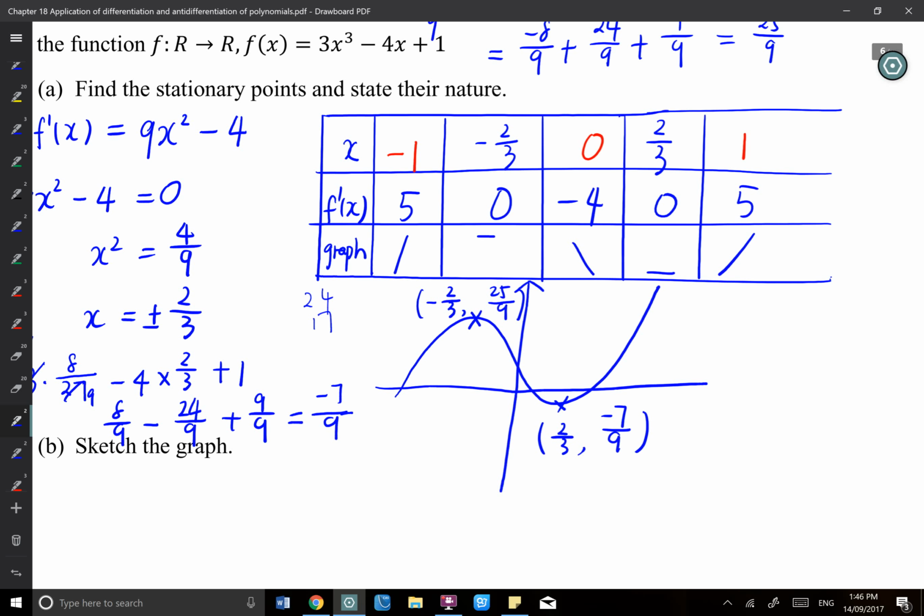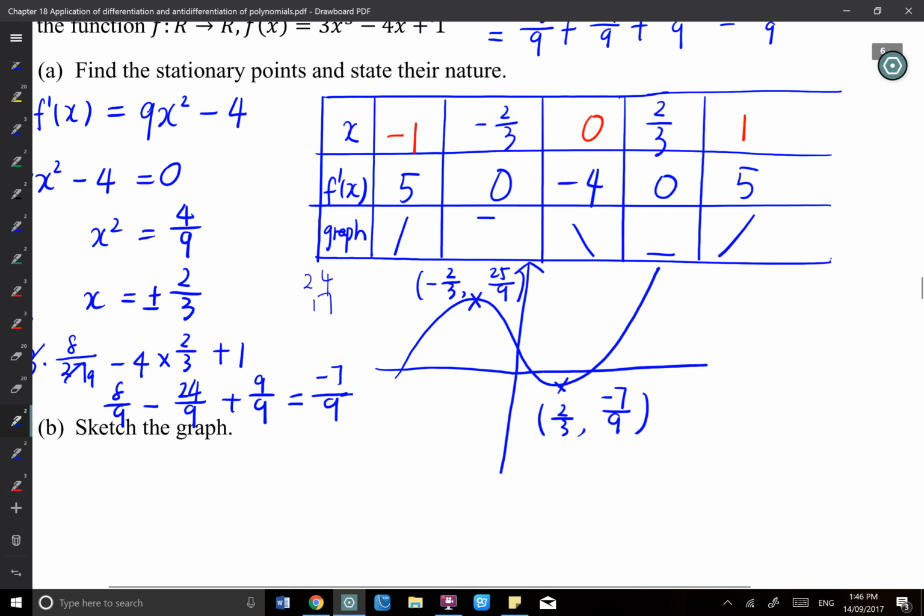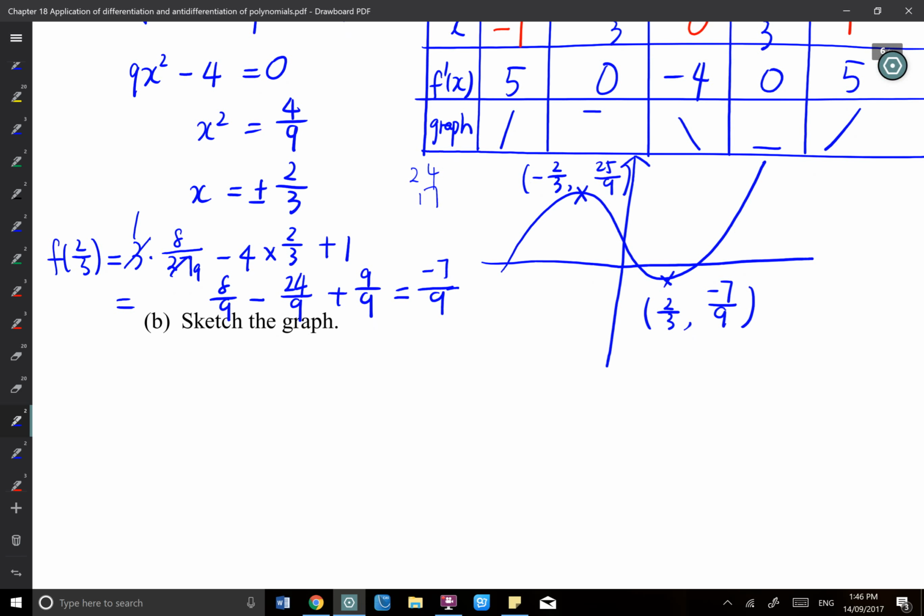To sketch the graph, I can find the turning point, the x-intercept and the y-intercept. So I can see 3 x-intercepts here. So how can we find the x-intercept? f(x) equals 0.